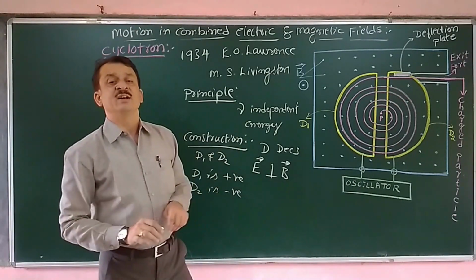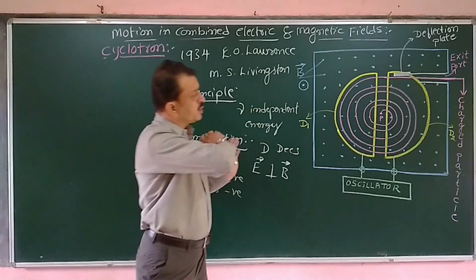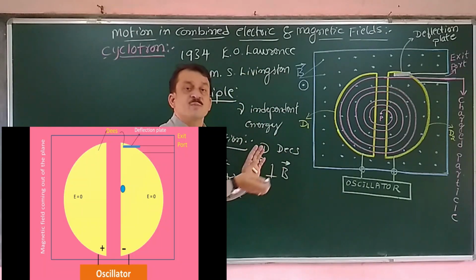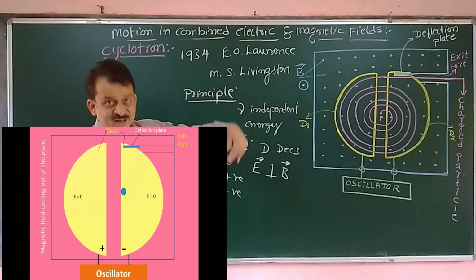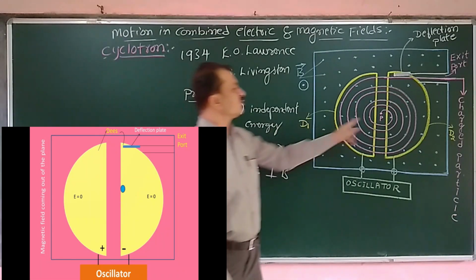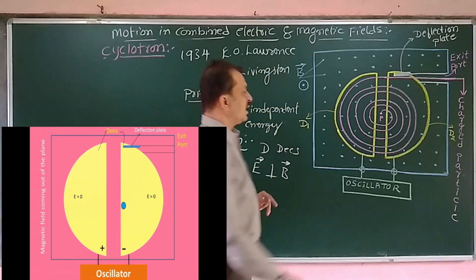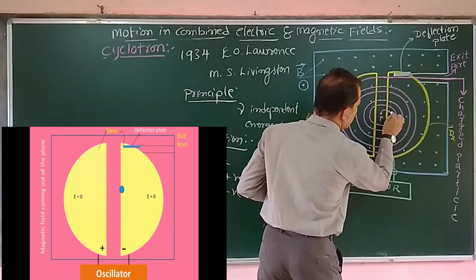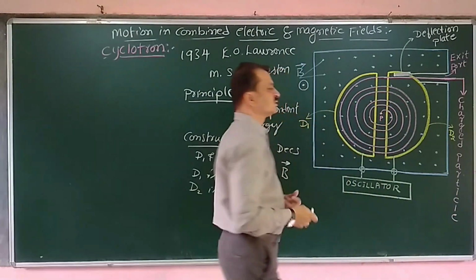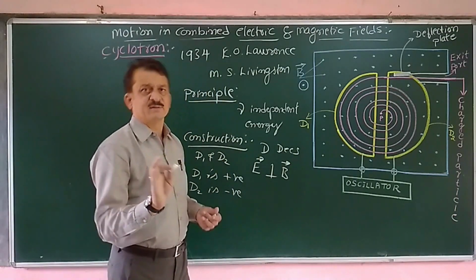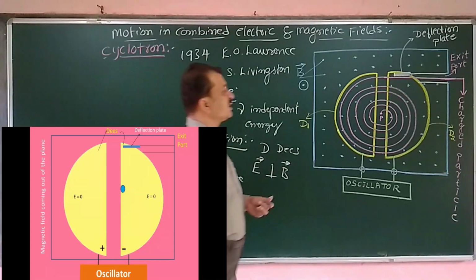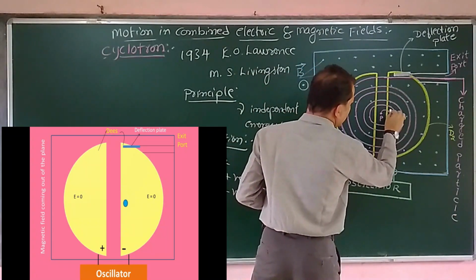Because of the magnetic field, it is going to make a circular motion. The magnetic field tends to bend the path of the charged particle, and hence it starts to move in a semicircular path. It is not accelerating. The velocity and the energy remain constant inside the Ds. It is going to bend.